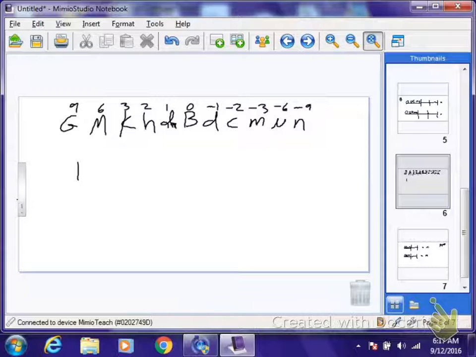So it'd be 1 gigameter is equal to 1 times 10 to the 9th meter. Okay, and then you would use that.